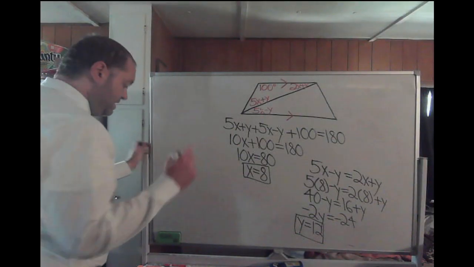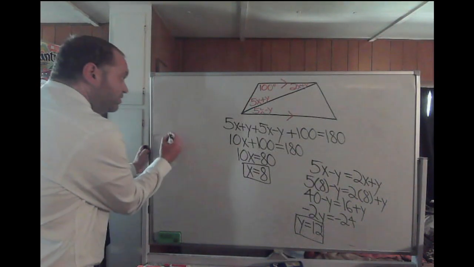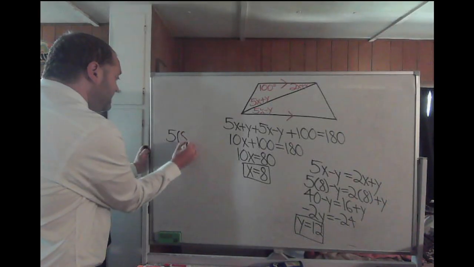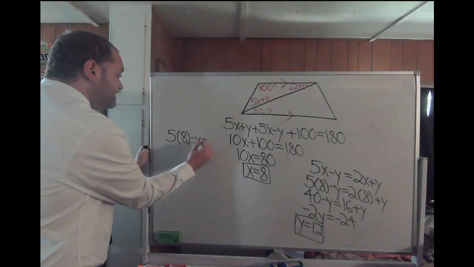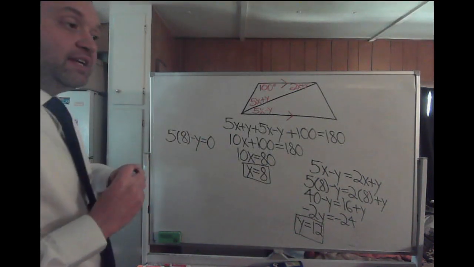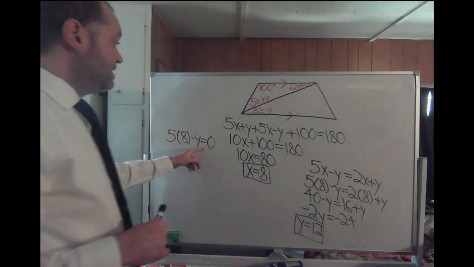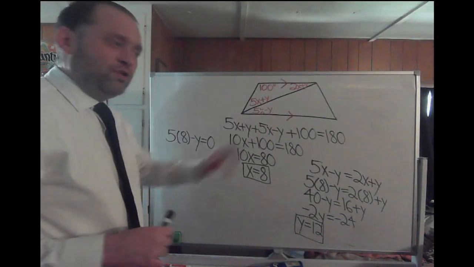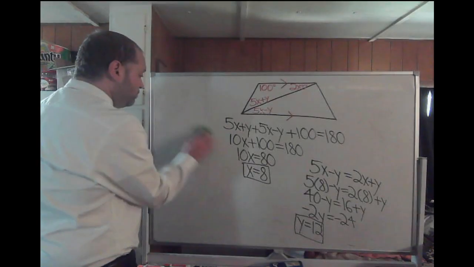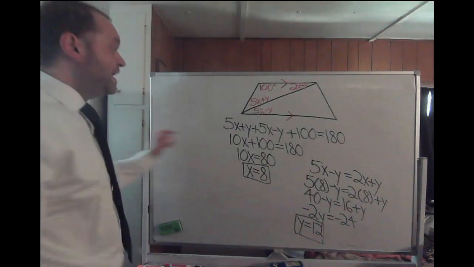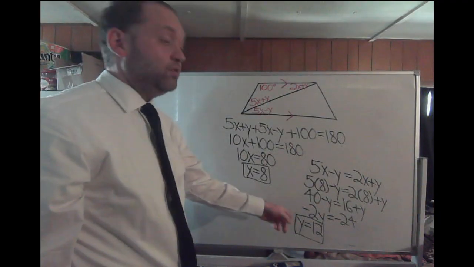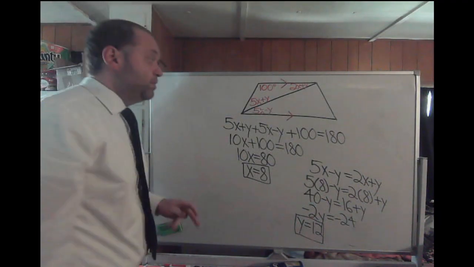Let's just say I put in 5 times 8 minus y, set that equal to 0, as a lot of people would want to. We don't even need to go any further, because that would mean this angle equals 0. You're not going to have a 0 degree angle. That's why that doesn't work so well. So we had to find something else to set that equal to, thus the alternate interior angle. That's why we didn't do it that way.